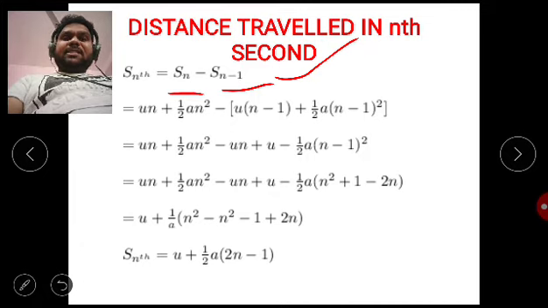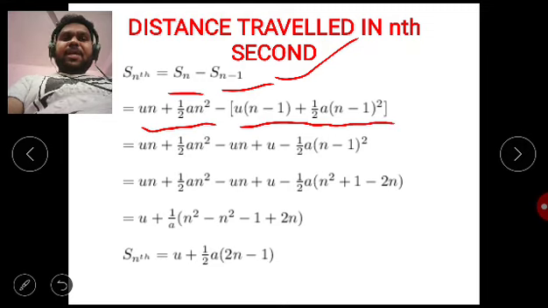We know that distance traveled in n seconds is given by un + ½an², and distance traveled in n − 1 seconds is given by u(n − 1) + ½a(n − 1)². Directly we are putting t = n and t = n − 1 in the second equation of motion, so we get these two equations.